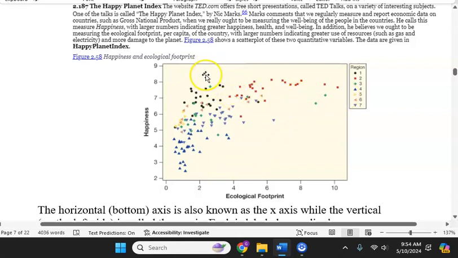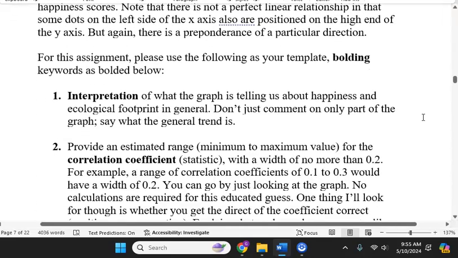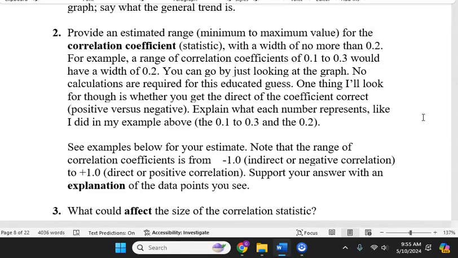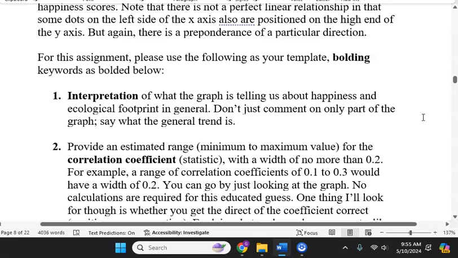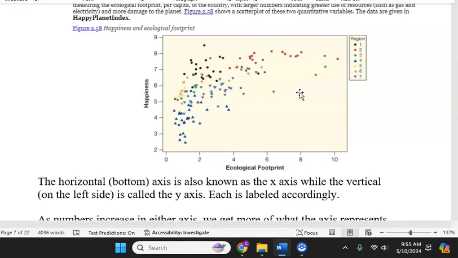Like this is kind of outside the general pattern, and so is this. That can pull the coefficient one way or the other, depending on the location of the outlier. It can pull it toward a more positive coefficient, like from 0.7 to 0.8, or to a more negative one, like -0.5 instead of -0.4.